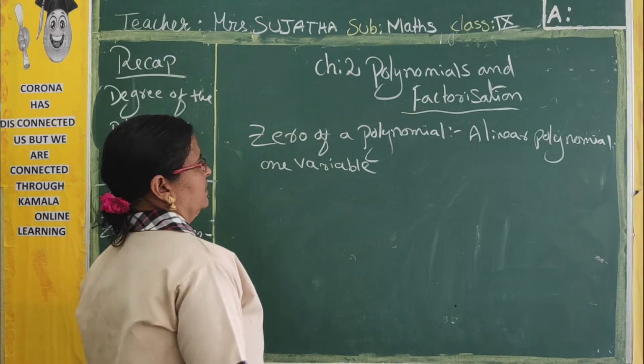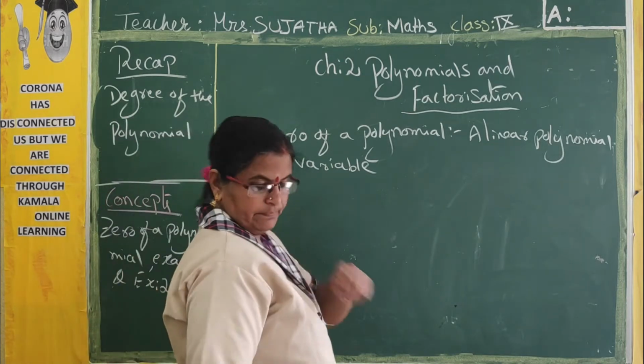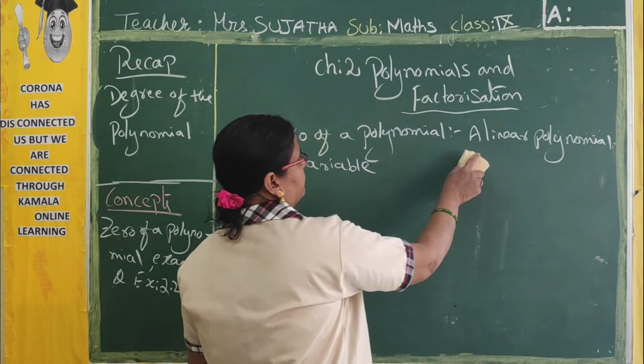What is meant by zero of the polynomial?